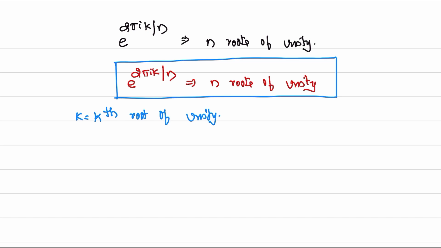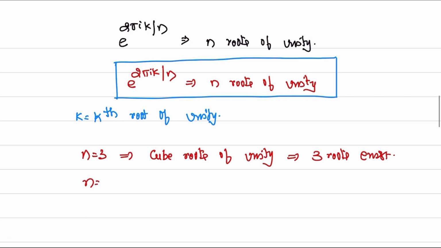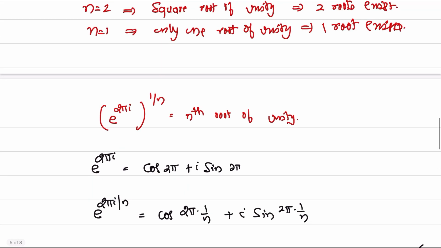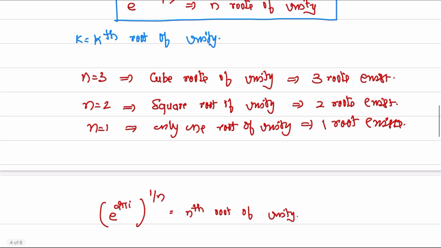Cube root means n is equal to 3, that means 3 roots exist. n is equal to 2 means square root of unity, that implies 2 roots exist. n is equal to 1 means only 1 root of unity, that implies only 1 root exists. Please try to understand.